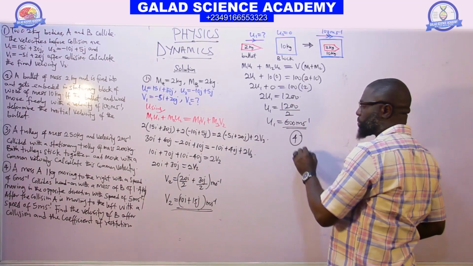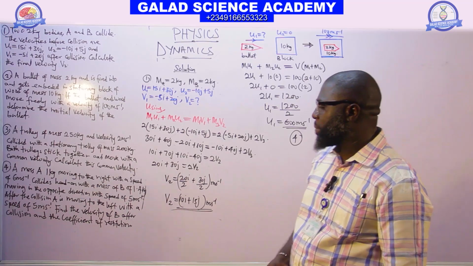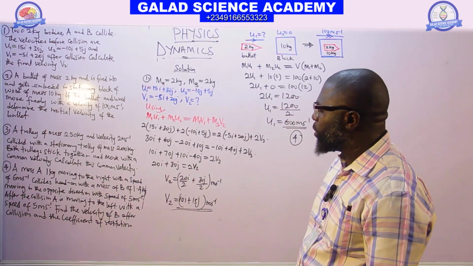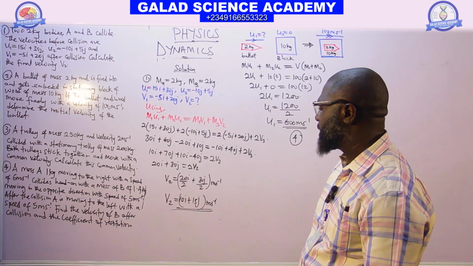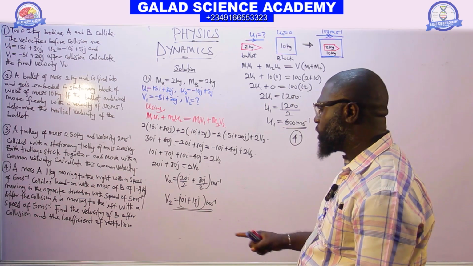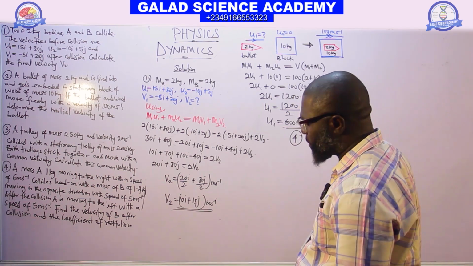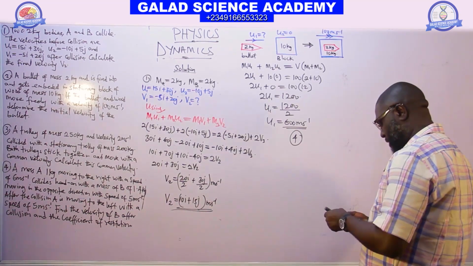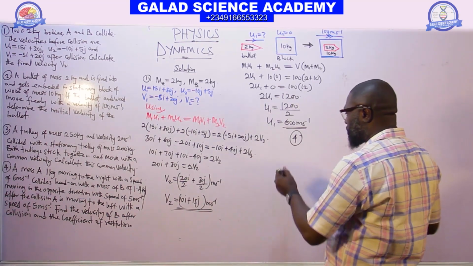Number 4 question. It said a mass A of 1 kg moving to the right with the speed of 6 meter per second. Look at it, I would like to draw it out.